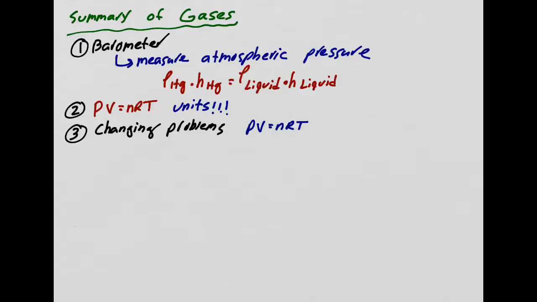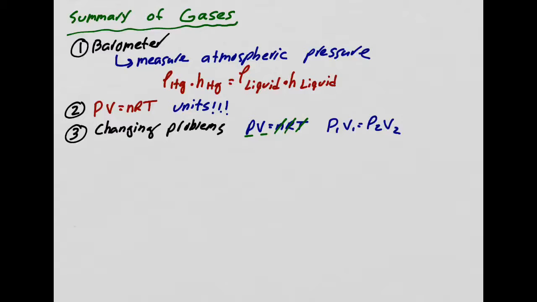I'm going to write down PV = nRT and cross out the variables that are not changing. For example, I have the same number of moles, the R is just a constant, and it's the same temperature. So the only two things that are changing are pressure and volume. And then I would say P1V1 = P2V2.